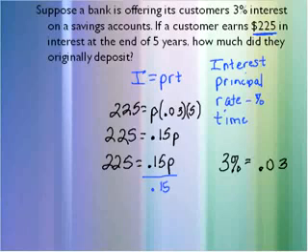So dividing both sides by 0.15 will give me a principal amount of $1,500.